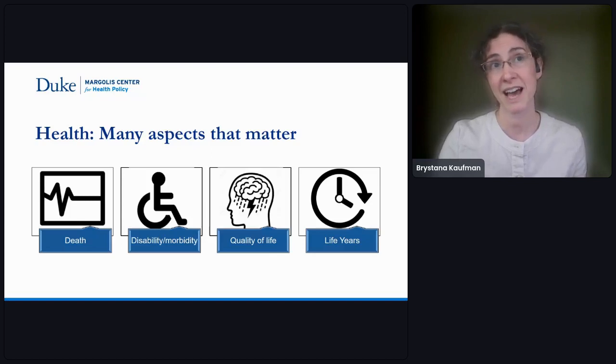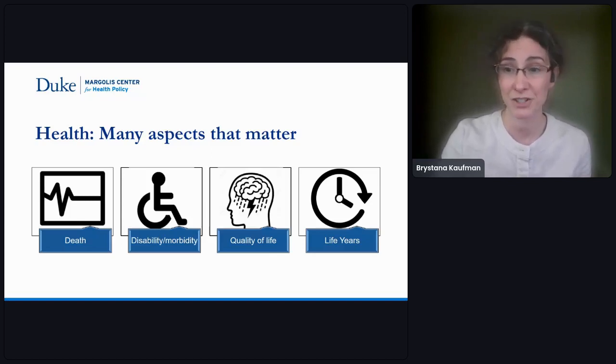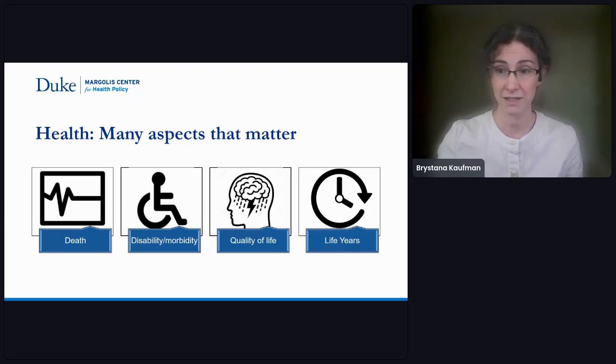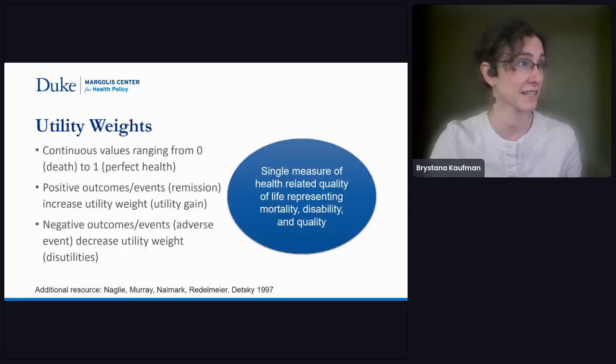So things like that are hard to measure, but also really important to consider from a patient perspective, what is adding to the value of their life from their perspective. So we can use across all of these constructs to create a measure of life years and quality adjusted life years.